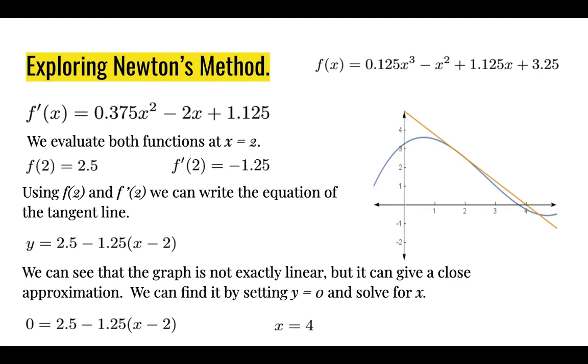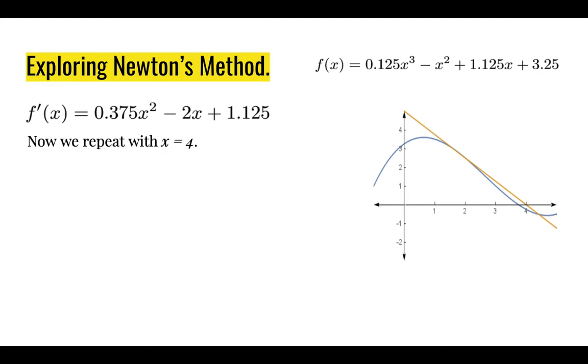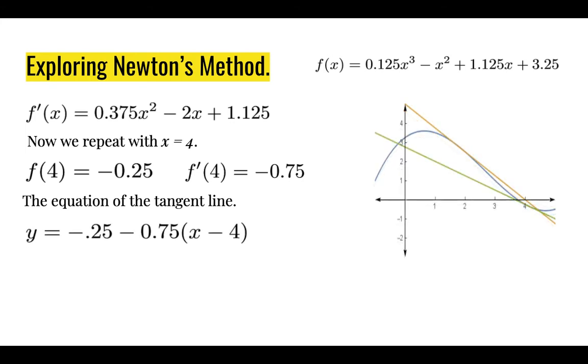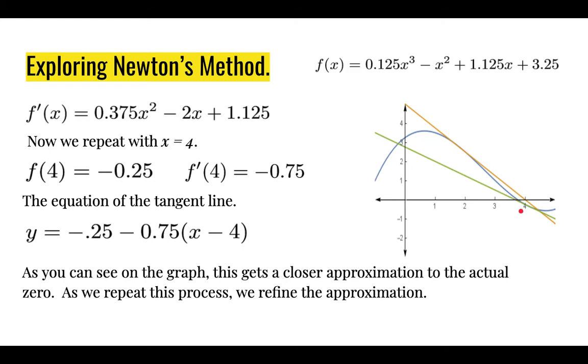That looks reasonable. But now here's the systematic approach. We get 4. Now we're going to say, well, 4 is now our guess. So we're going to repeat the process with 4. I already have f and f prime, so I just need to plug 4 into the equation to get my new tangent line. And you notice now at 4, this tangent line is even closer to the actual zero.